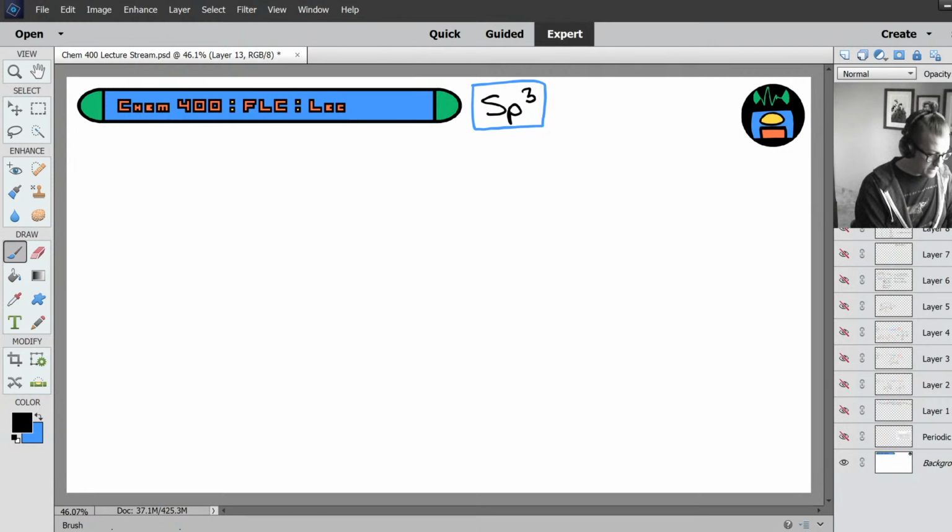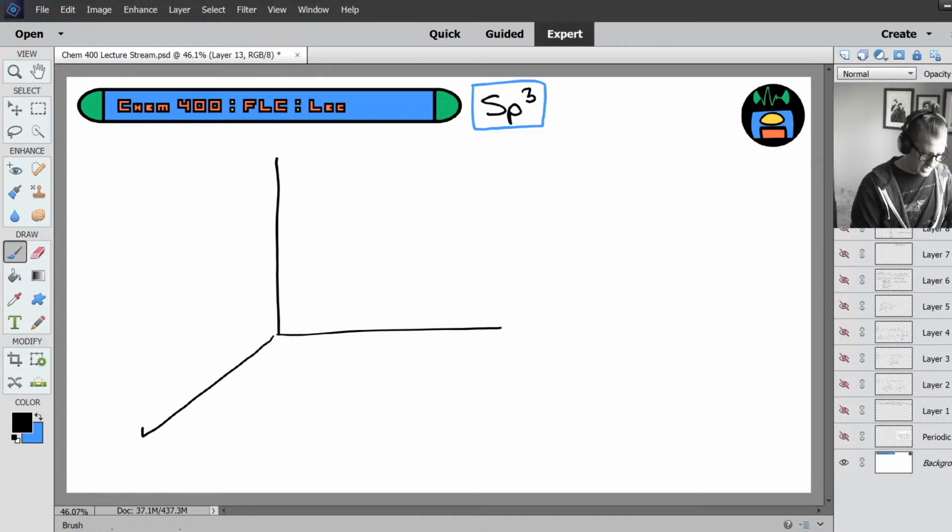Okay, so let's talk about what happened when they plotted those orbitals in three-dimensional space. Turns out that one of the sp3 hybrid orbitals was oriented directly along the z-axis.